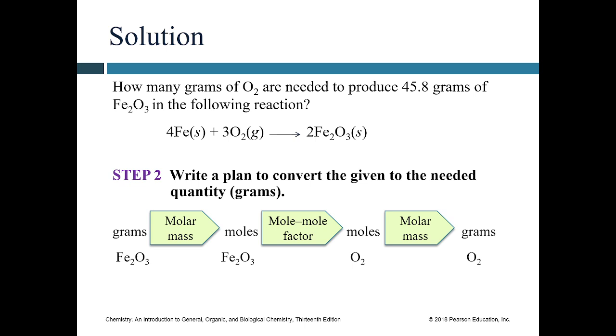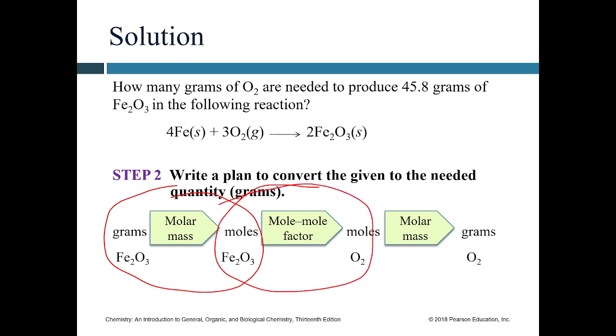So we need a molar mass for Fe2O3. I wrote molar mass for this conversion of Fe2O3. And then I need a mole-to-mole ratio of Fe2O3 to O2, don't I? And then finally I need a molar mass of the oxygen, O2.